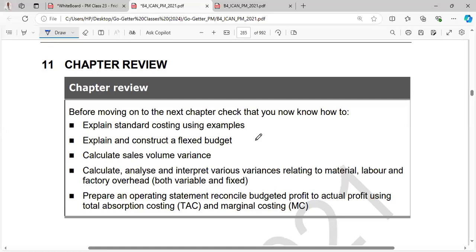We've seen how we are dividing them into their subunits. Then we saw how to prepare operating statements and to reconcile budgeted profit with actual profit using total absorption costing, and to reconcile the budgeted contribution with actual contribution using marginal costing.